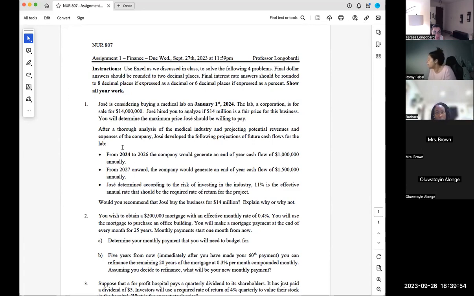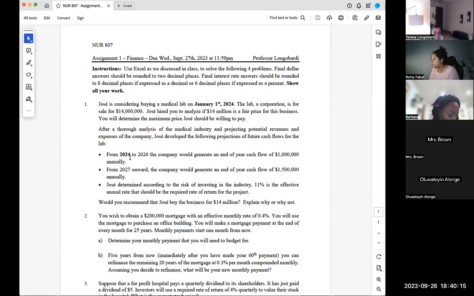You have to figure out if it's a fair price. So from 2024 to 2026, the company will generate an end of year cash flow of 1 million annually. So it will be at the end of 2024, at the end of 2025, and at the end of 2026, which is 3 years. So you have 3 years on a timeline, and we'll draw it together.